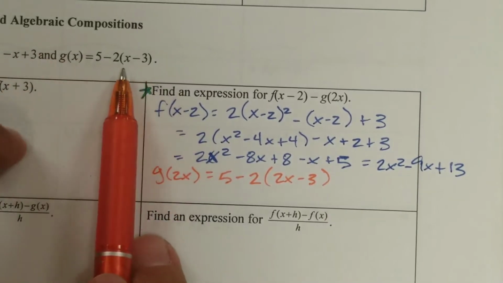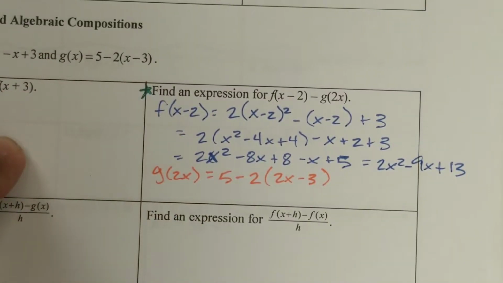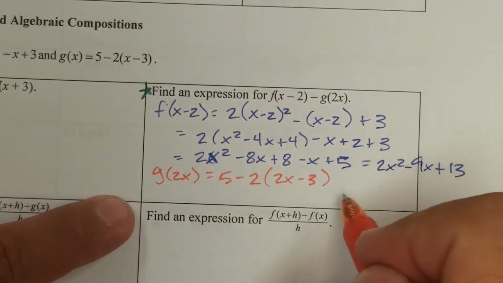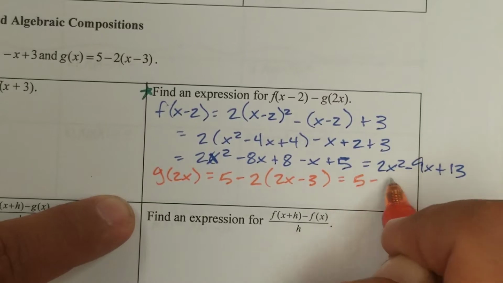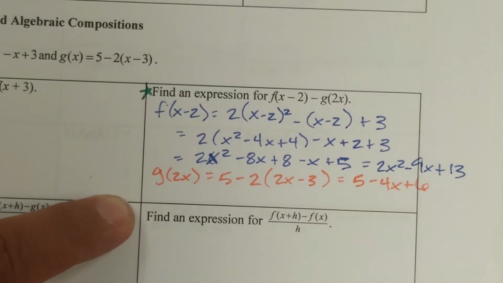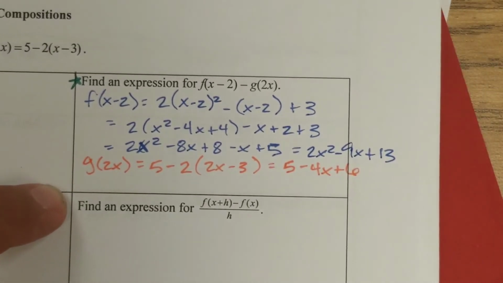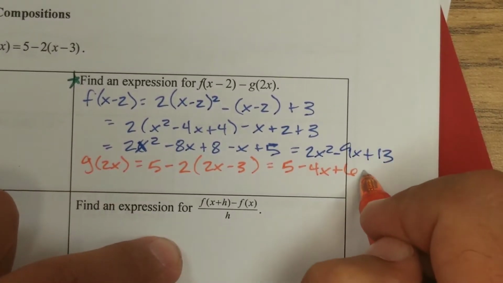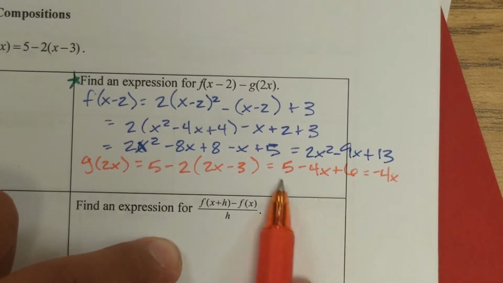I just plugged 2x in for x right there. Simplify that, and we get 5 minus 4x plus 6. Combine like terms, and we end up with negative 4x plus 11.